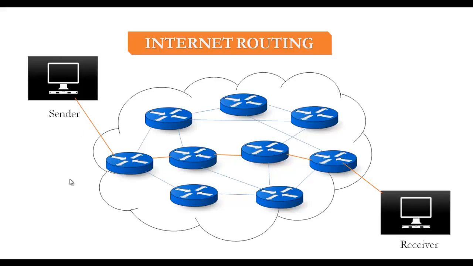When the router receives a packet destined for a machine outside the LAN, it looks to see if it has a route to get the packet to the destination network. If it finds a way, it will send the packet to the next node, and the next node will send it to the next node, and finally the last node will deliver the packet to the destination's address. So this is how internet routing works.